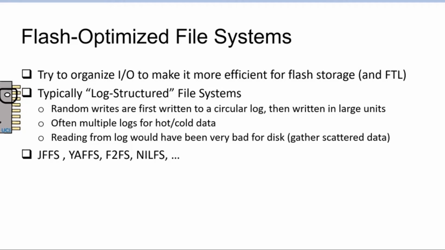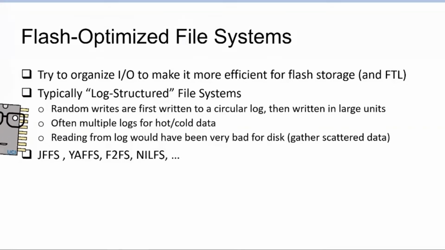So with FTLs, we already talked about how they try to have a circular write log and a pre-erased pool of pages so that random page updates can be applied directly in sequence.